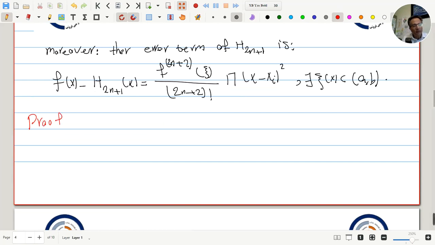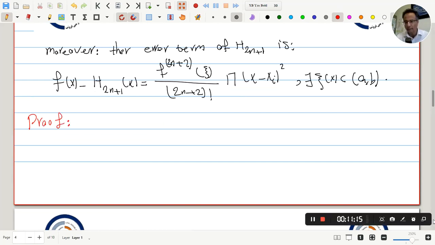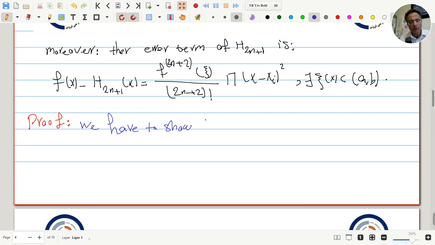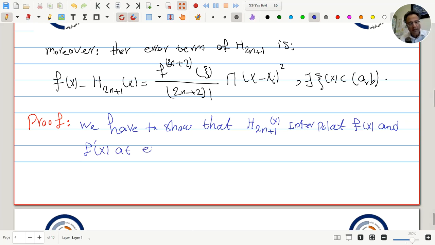So let me start the proof. First of all, we have to show that H_{2n+1} interpolates f of x and f prime of x at every x_i for i equal to 0 to n.